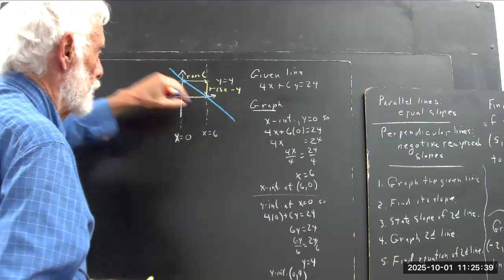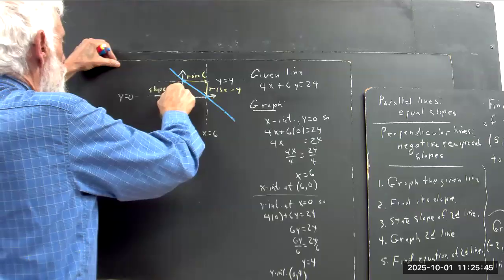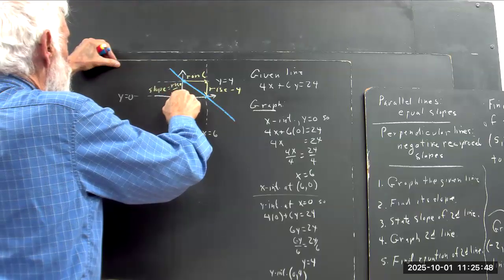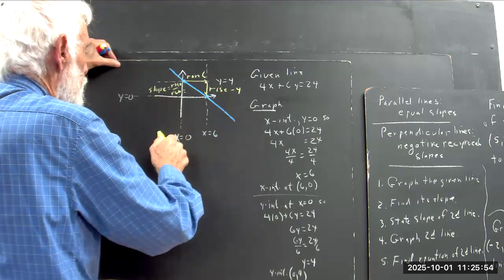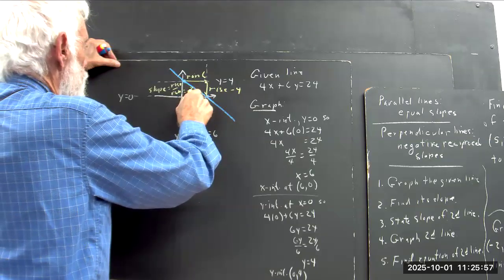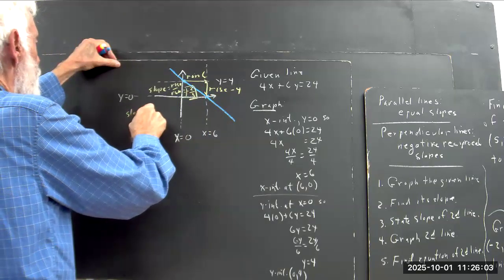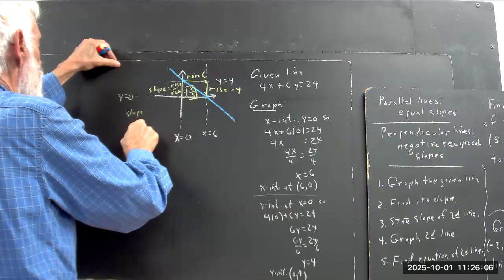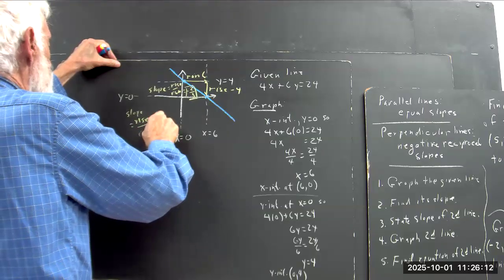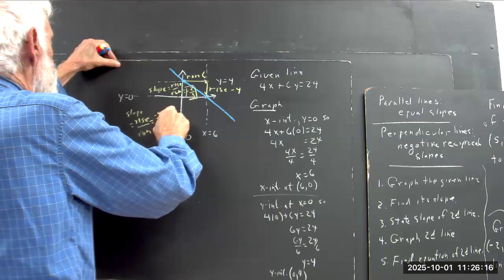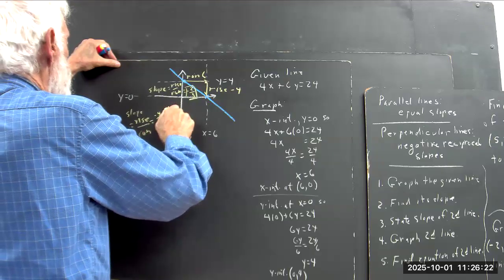So we have a run and a rise, and that gives us a slope, which is rise over run, which equals -4 over 6. That reduces to -2/3.